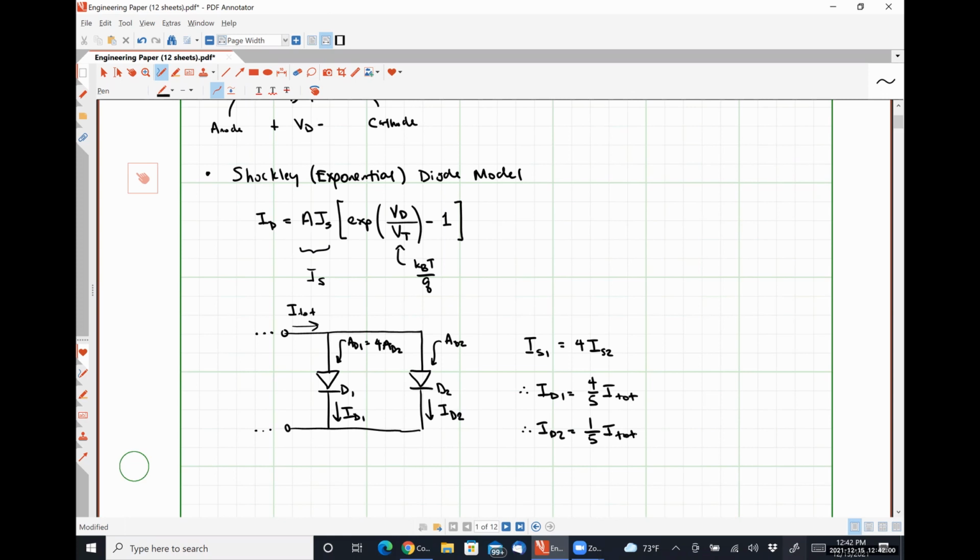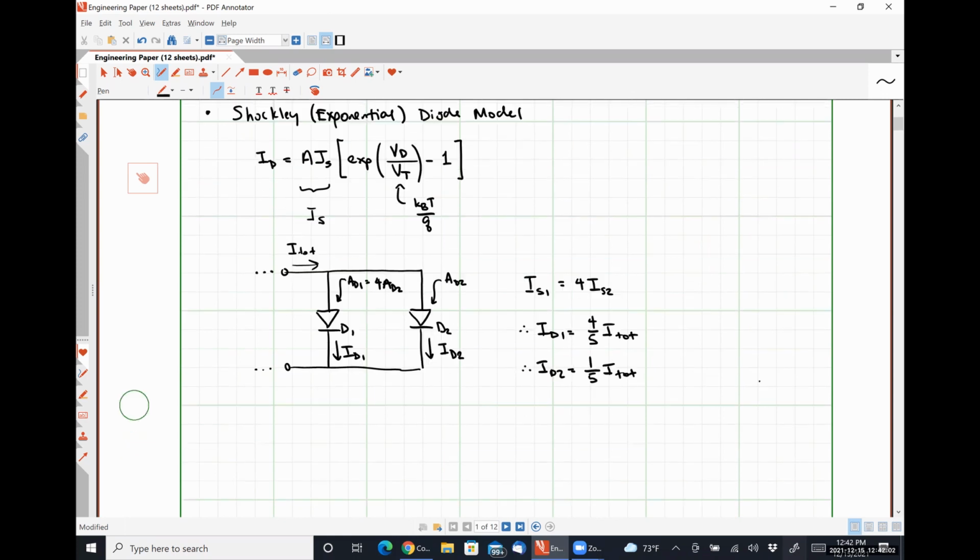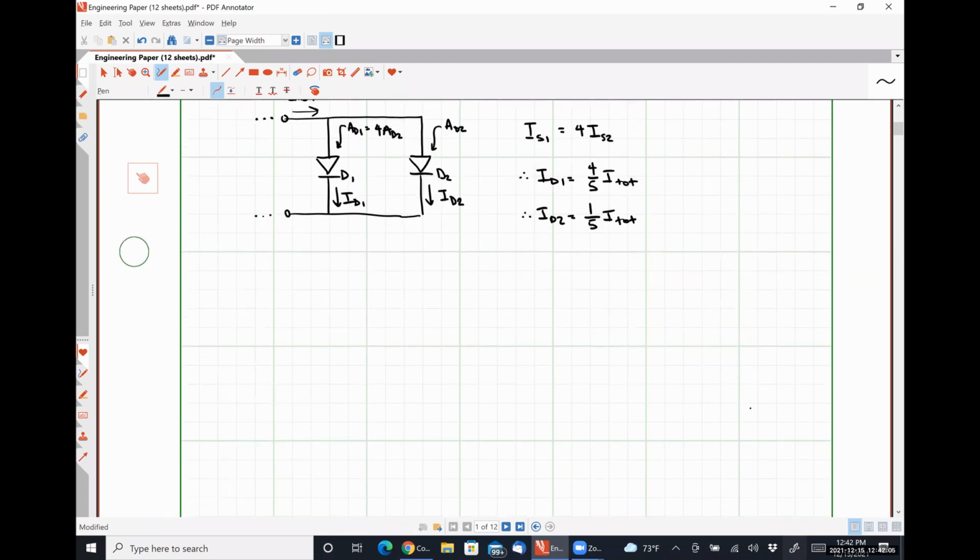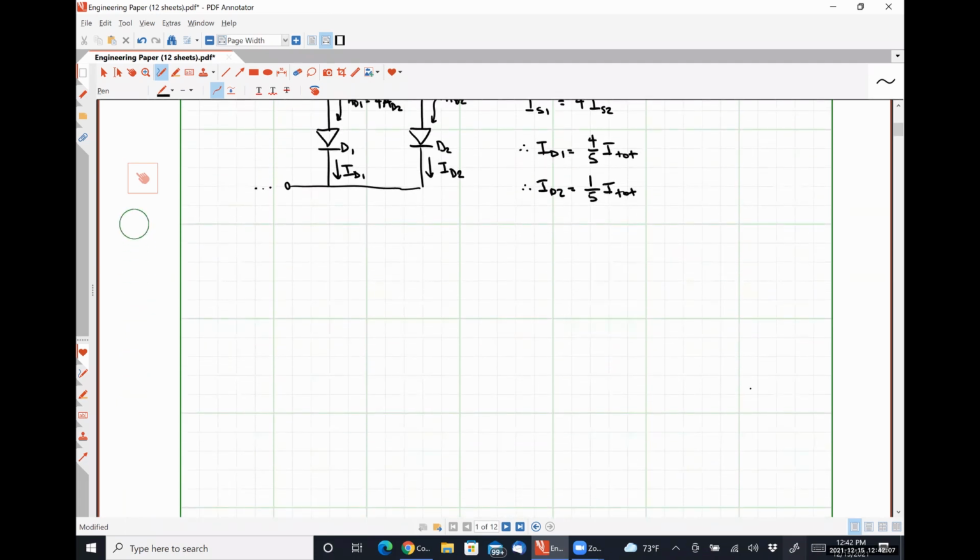Let's take a look at an actual circuit that has a diode in it and not just a part of a circuit, and kind of go through some things here, all right?